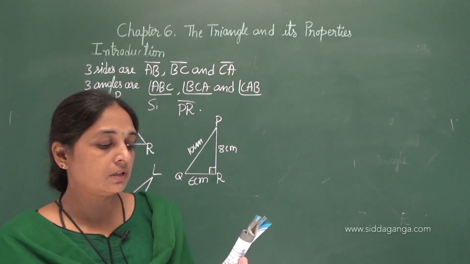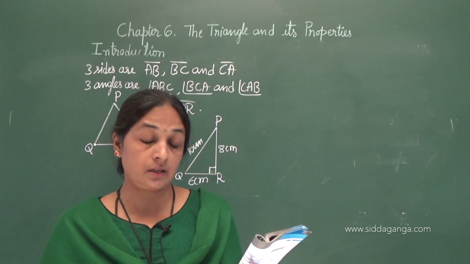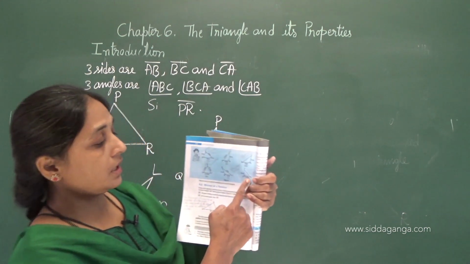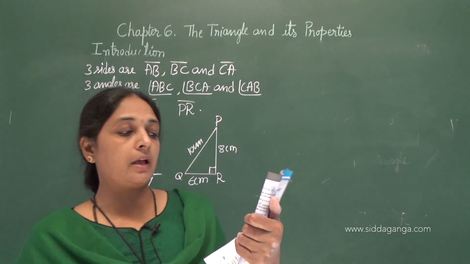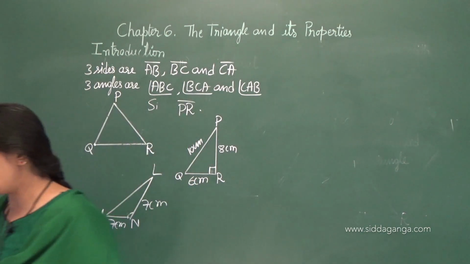And in the sixth one, that is 6 centimeter. The two sides are equal. That is 6 centimeter. So in that we can tell that right angled isosceles triangle. Okay. Let's move to the next topic.